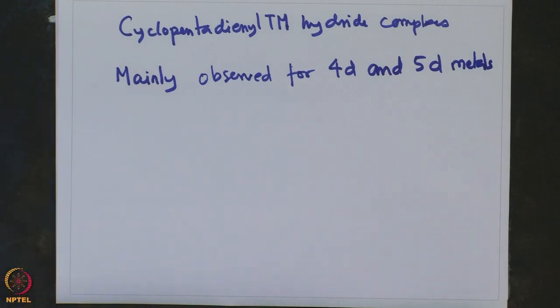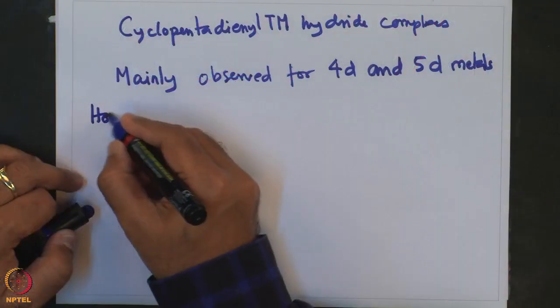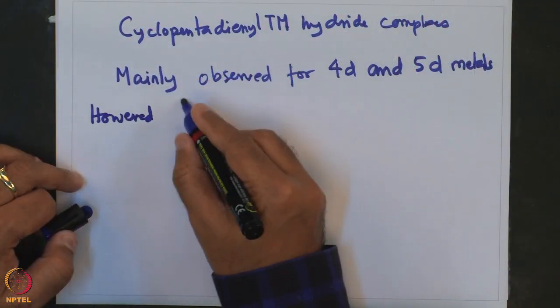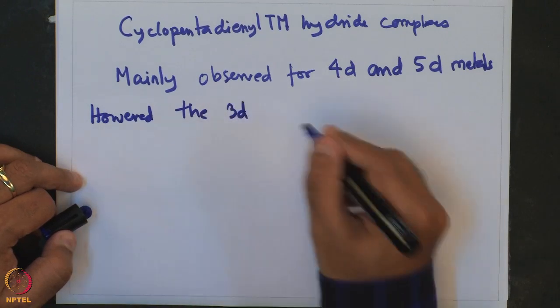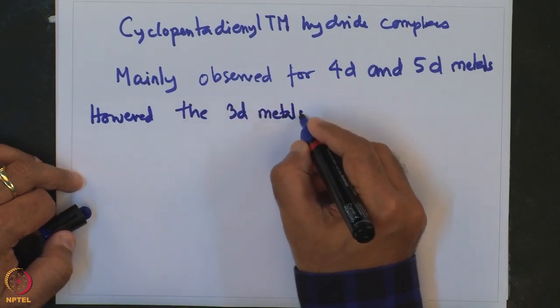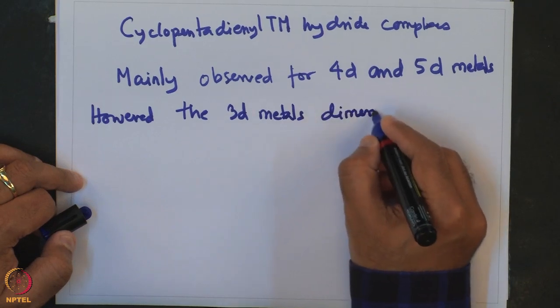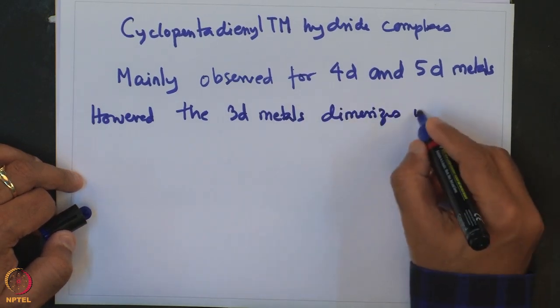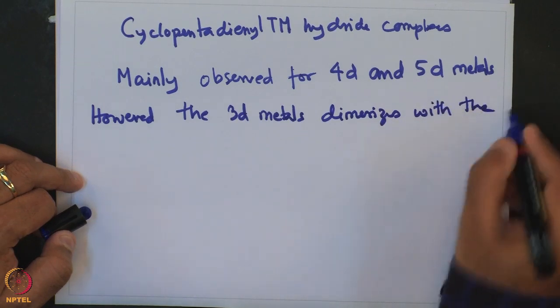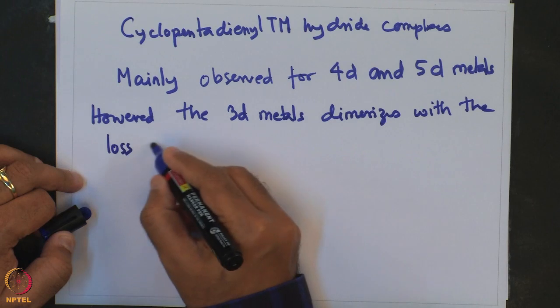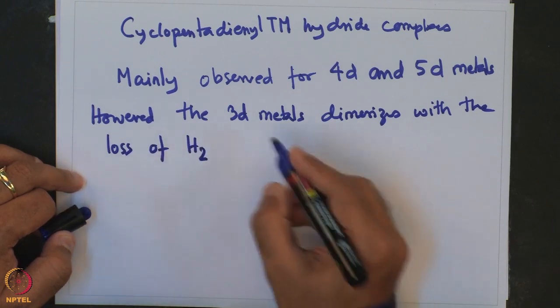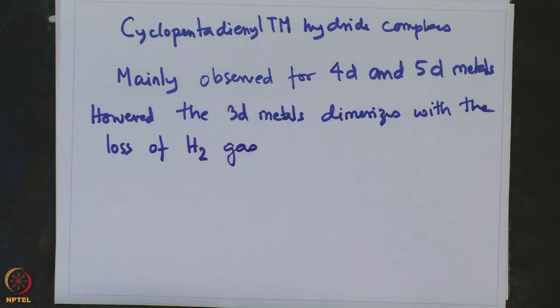And for 3D, these are usually not observed because 3D hydrides are extremely reactive and 3D metals dimerize with the loss of hydrogen gas.